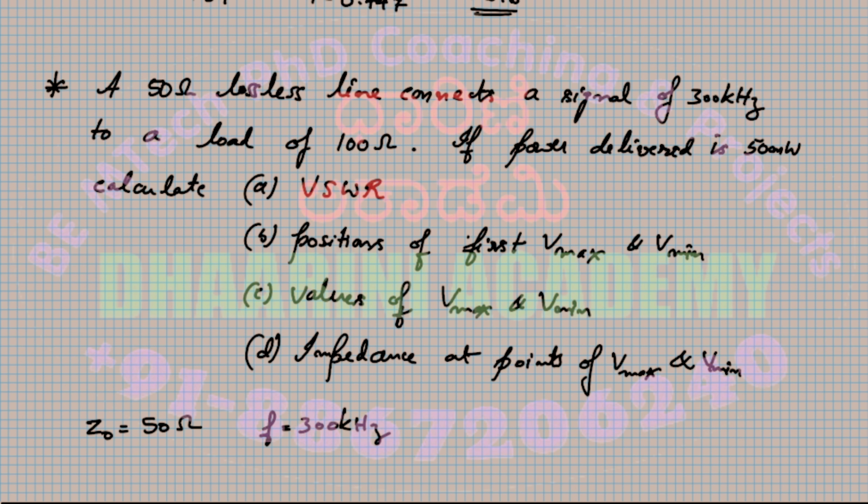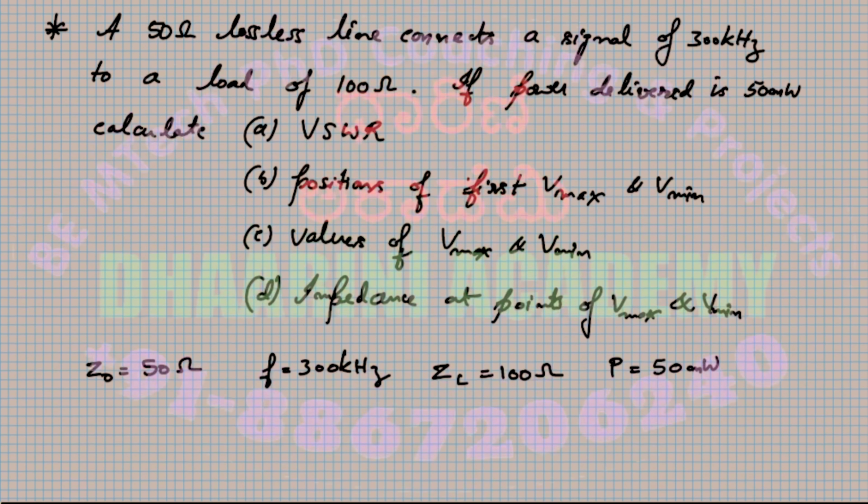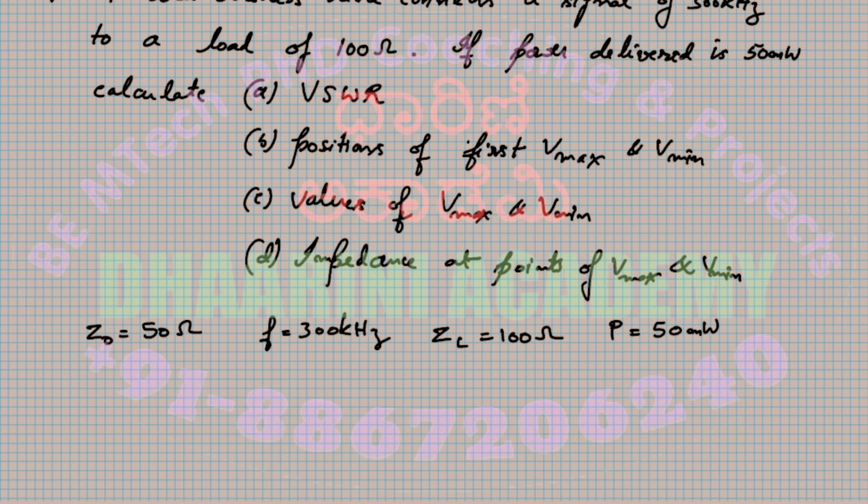Then the load is given, so I can write ZL is 100. Power delivered is given, so I can write P is equal to 50 milliwatts. It's delivered to the load, only one is given, so it doesn't matter what you write. VSWR is the S, right?